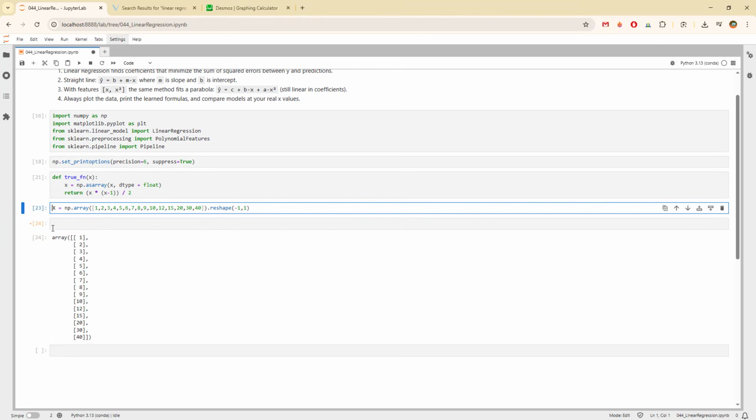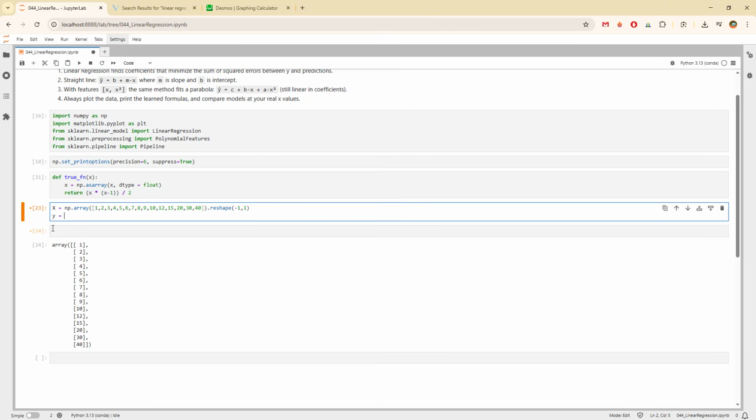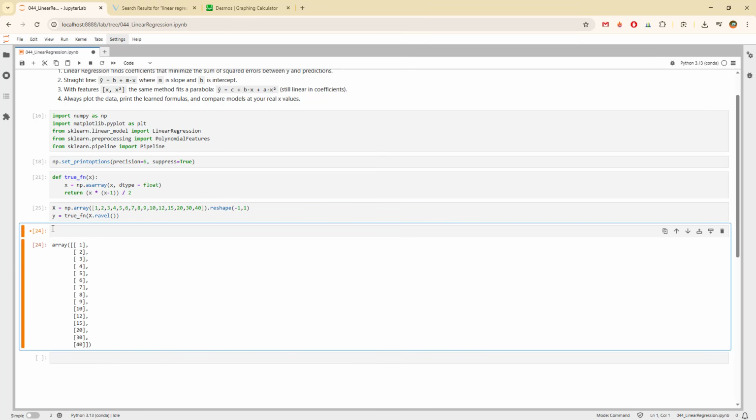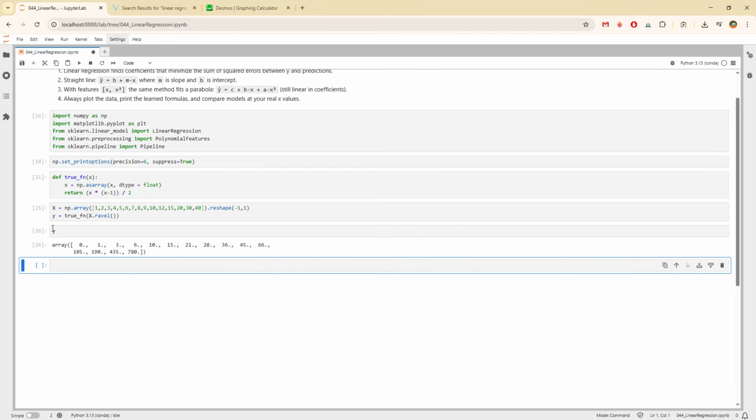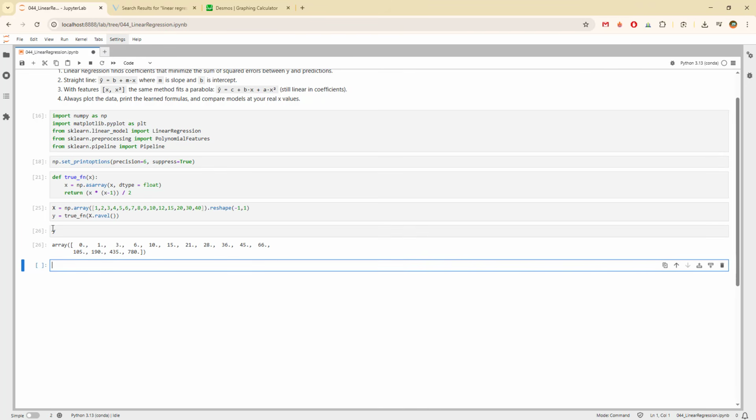Okay, what else? We'll get the y's and we'll be using the formula true function on x.ravel. Let's see the y. Yeah, works.